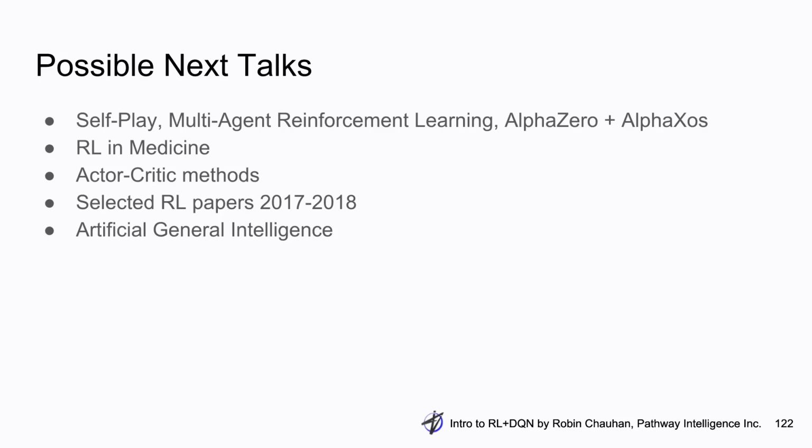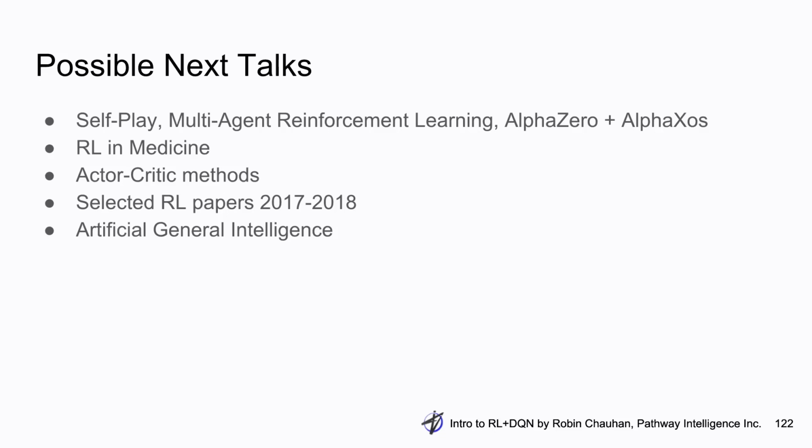who would vote for the self-play multi-agent AlphaZero and AlphaZos? Who would vote for that? Okay. Well, which part? Okay. Well, self-play is basically when you have agents playing against themselves. AlphaZero was trained by playing itself, and it got really good by doing that.